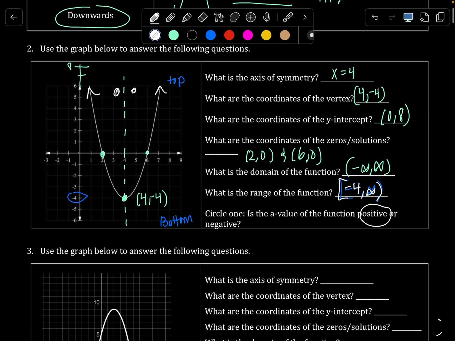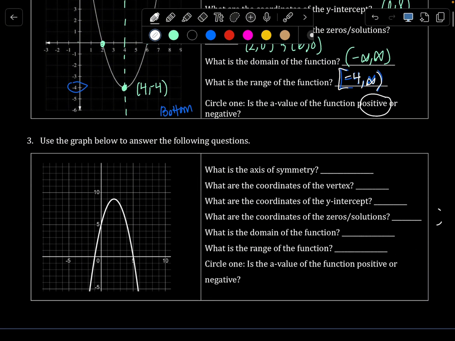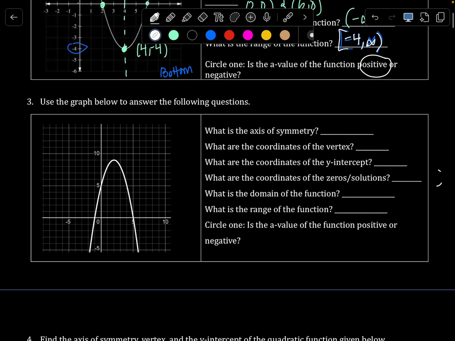Let's go to number 3. Use the graph below to answer the following questions. Again, same thing. I hope you were able to do this. X equals 2, and 2, 9 for the vertex. The y-intercept is nice, 0, 5. What are the zeros?